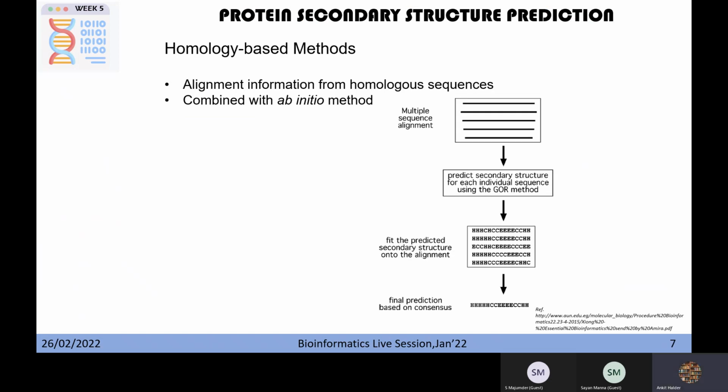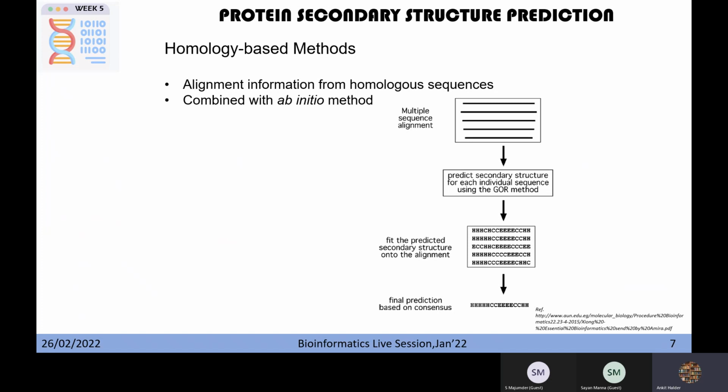Moving on, after this is the homology based method. Homology based methods are the ones that combine both these methods. It first aligns the homologous sequences, and based on that, from the individual sequences it will try to identify the structure for each individual sequence.